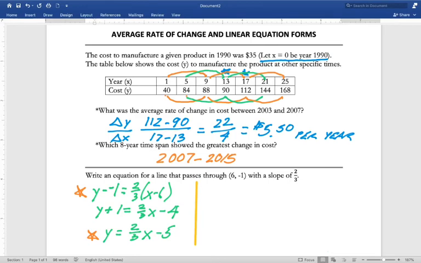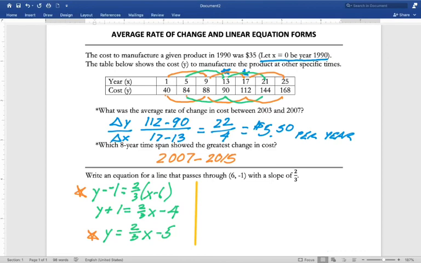I kind of like to do slope-intercept form, especially if we're dealing with graphs. But again, it's kind of a preference for you. So we'll do either. If we were just to start with finding the y-intercept or the b value in slope-intercept form, let's go through that process here.